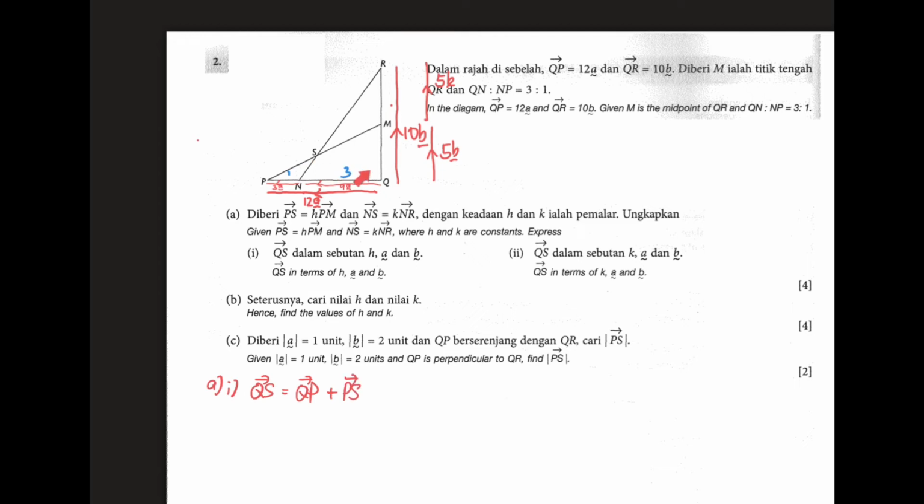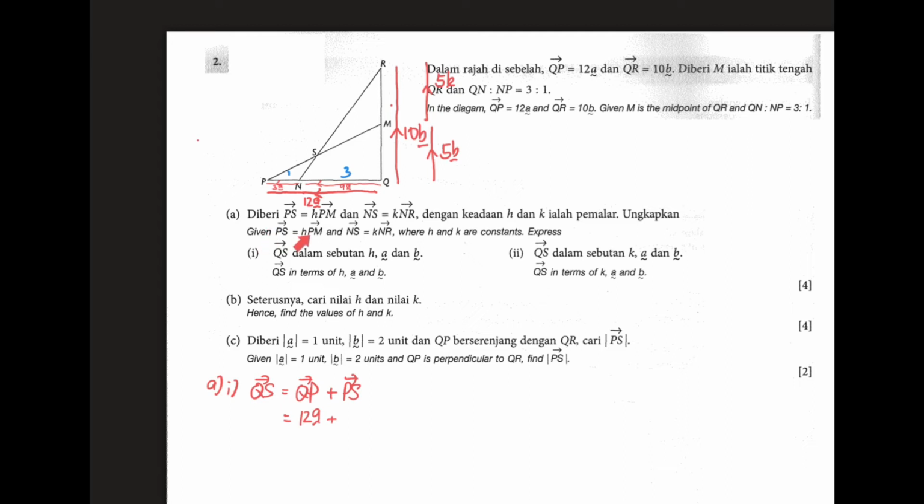So that means you want to go from Q to S, you can move a big round, Q to P first, and P to S. So why do we move a big round like this? Because we know the vector of QP, which is 12a. We know the vector of PS, which is given here.